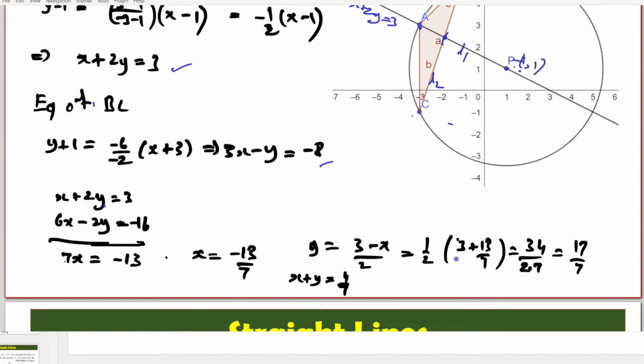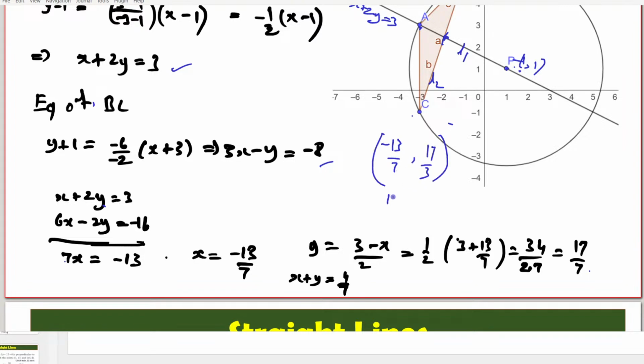So half of 3 minus of minus 13 by 7. So that becomes 3 plus 13 by 7, which is 3 sevens 21 plus 13, 34 by 2 times 7, which is nothing but 17 by 7. So we have this point as minus 13 by 7 and 17 by 7.